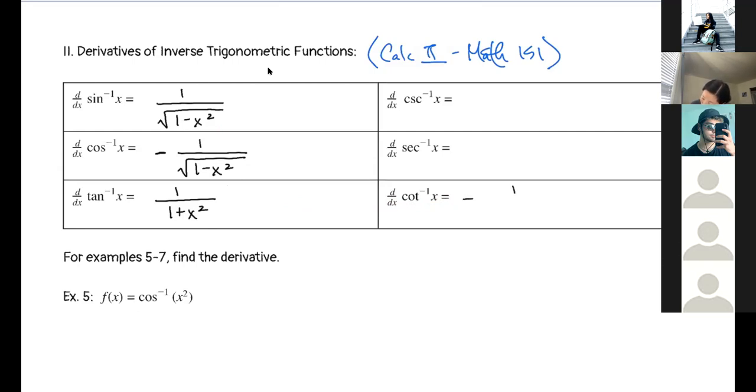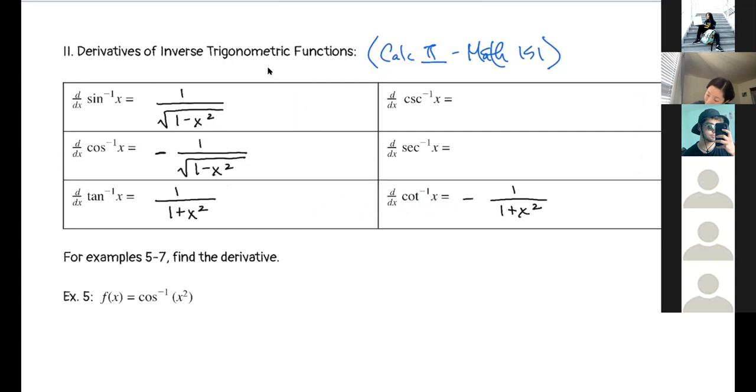Negative 1 over 1 plus x squared. Exactly. Okay. So my method to my madness, these two pair, then these two pair together. Same thing, but opposite signs. And then I'm going to do these two last.